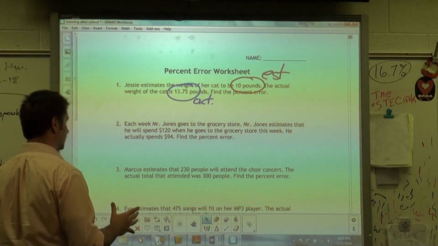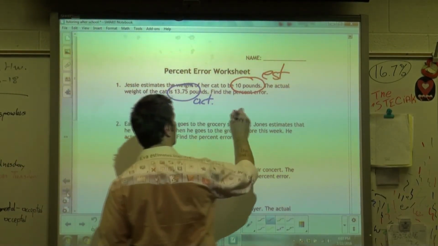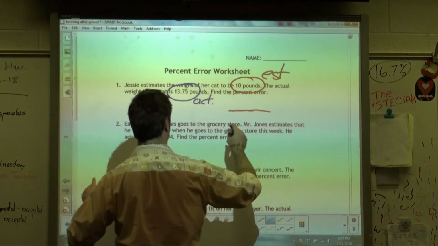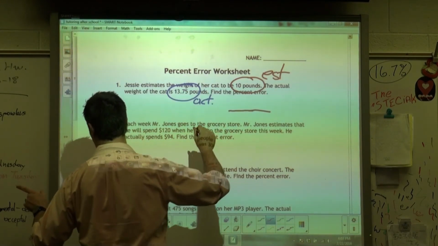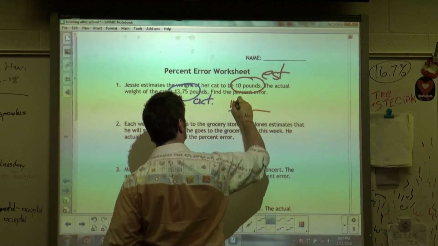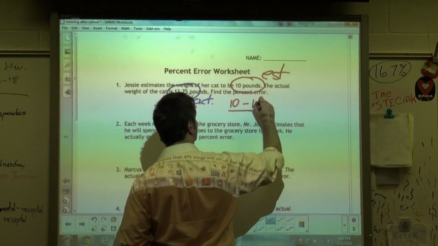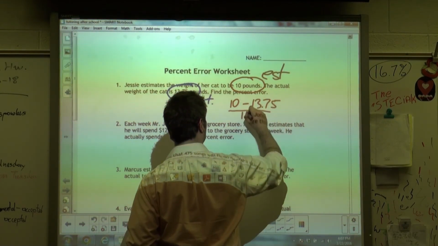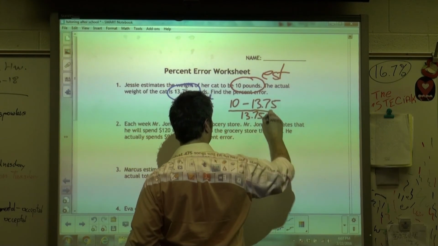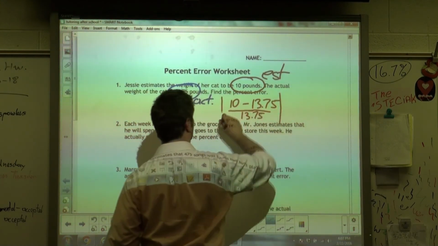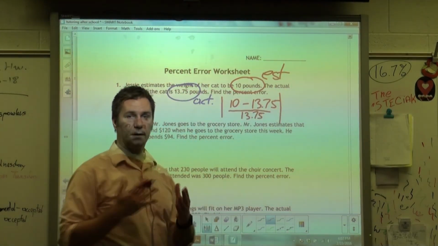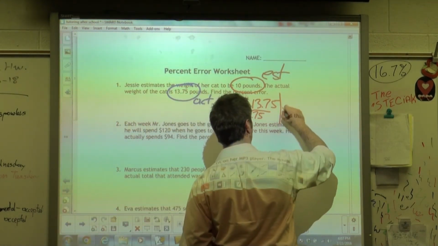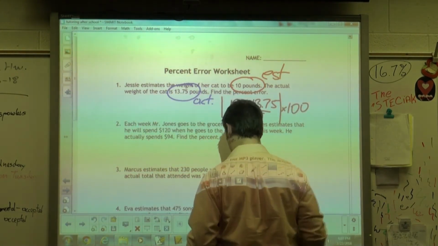You're going to build your percent error like this. Your estimated goes first, minus your actual, divided by your actual. Then you need to make sure there is absolute value. So no matter whether it's positive or negative, it's always going to show up as positive. And you're going to multiply by 100%.